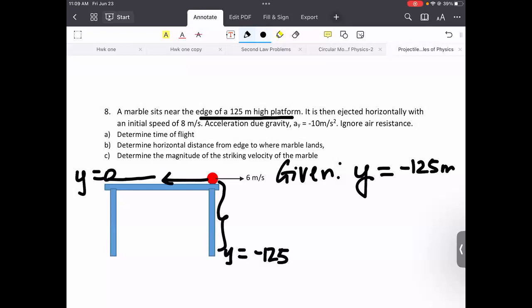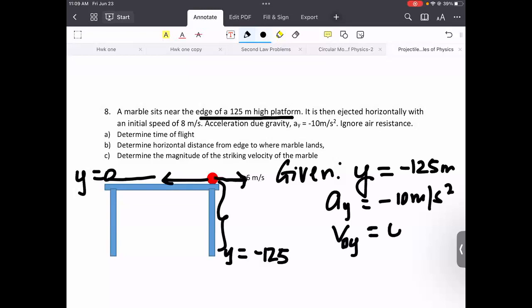And what else are we given? We are also given acceleration, which we already know, minus 10 meters per second squared. And we are given V initial in the Y direction. That is 0, because the only thing we are given is velocity in the X direction.